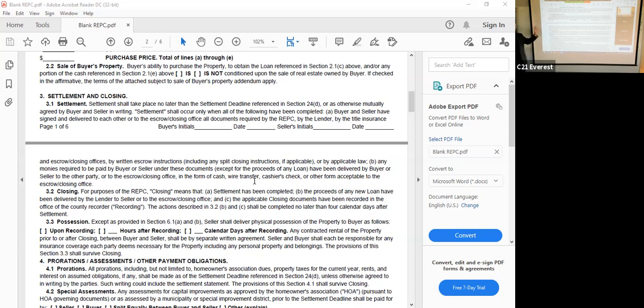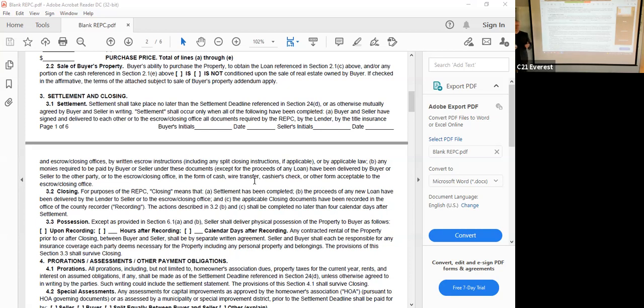So they sign it and they take care of that. Closing is basically when funding and recording occur. So yes, the review of information, because they're going to review all that before they actually record the documents with the county recorder's office. But specifically, funding and recording has happened. Once those happen, ownership transfers.